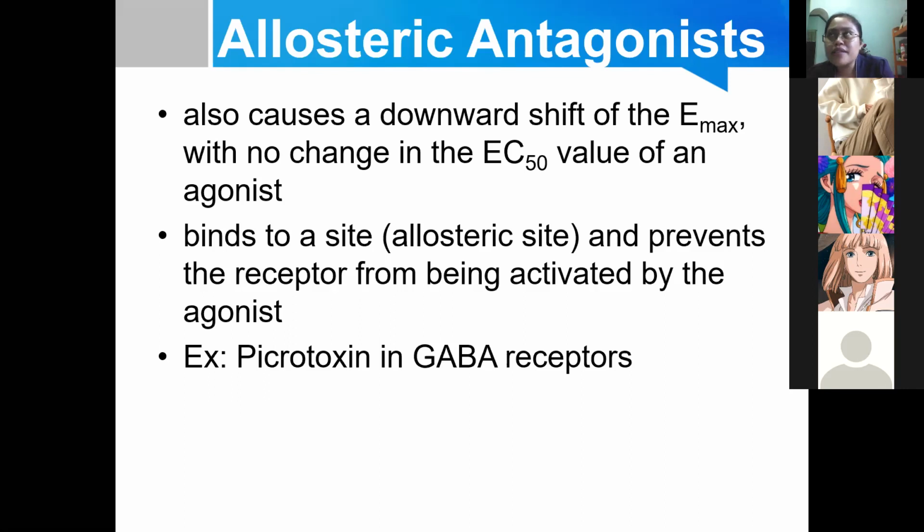So, di ba, GABA receptors, ang original ligand ani syempre si GABA. Now, pag naay picrotoxin class, mo bind ni si picrotoxin sa allosteric site ni GABA and then it will hinder GABA to bind to its receptor and wala effect. Dili na ma-regulate ang trabaho sa cells sa body.